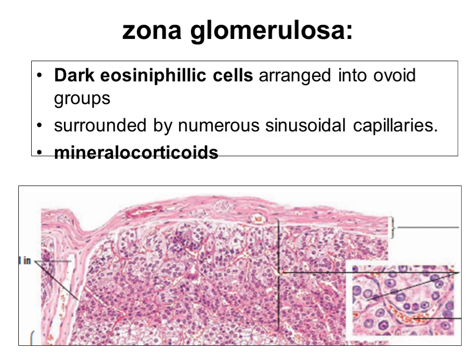This is just to show you the high power picture of the zona glomerulosa. The cells are eosinophilic, arranged in ovoid groups, with numerous sinusoidal capillaries. The secretions are the mineralocorticoids, controlling the sodium and water absorption in the distal convoluted tubules of the kidney.